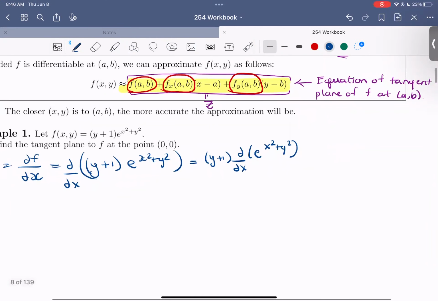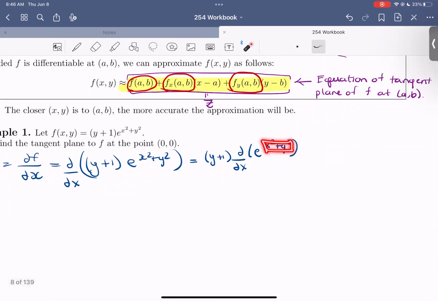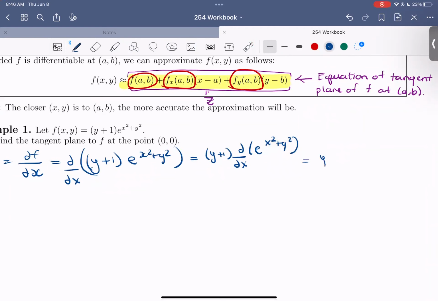So here we see that x is involved in the exponent of e, and so we need to use the chain rule to first take the derivative of the outside and then multiply by the derivative of the inside. So we'd have y plus 1 still, and e to the x squared plus y squared. Again, the derivative of e to the whatever is equal to e to the whatever, so we just leave that there.